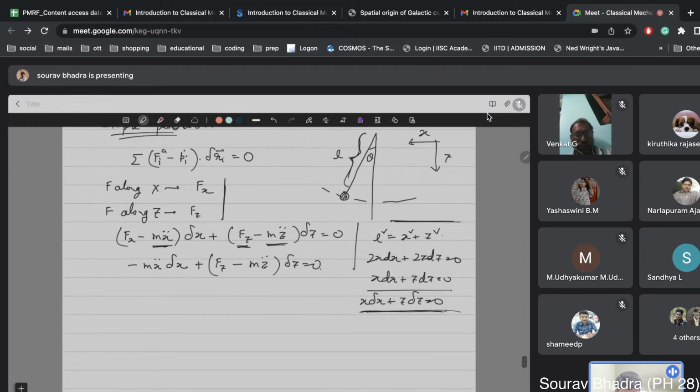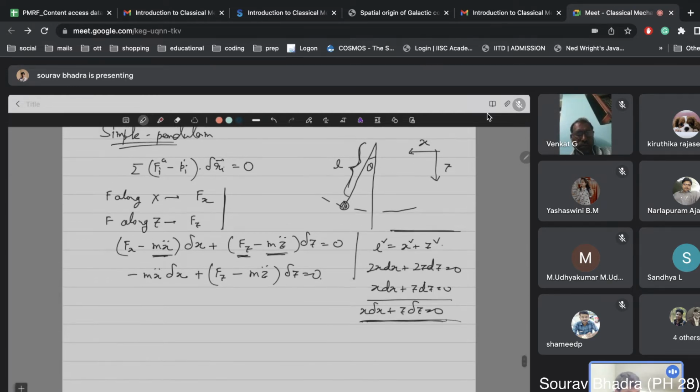Now the gravity is acting along the minus z direction, so putting it in the equation, it will take the form: mg plus m z double dot delta z equals 0. Just take the Fz along the minus z direction, put that in this equation and do the dot product accordingly.